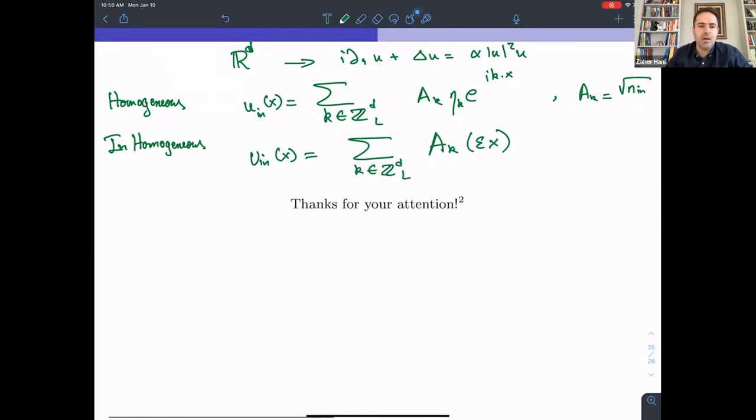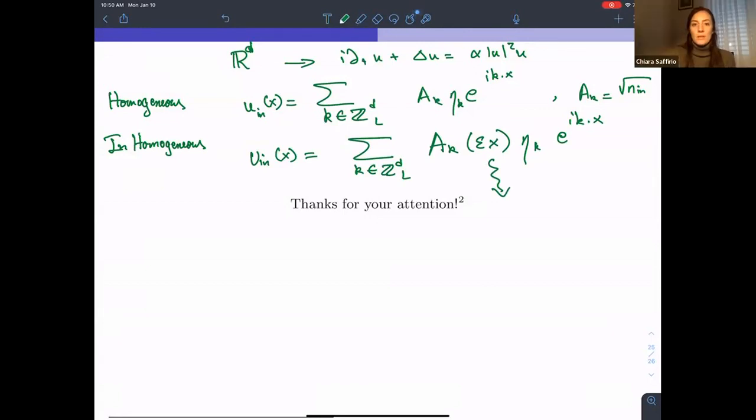Rather than being a constant, A_k now has an inhomogeneity at scale epsilon, which is sometimes called the scale of the inhomogeneity. This is what introduces a transport term in your equation. The epsilon is not related to the other parameters.